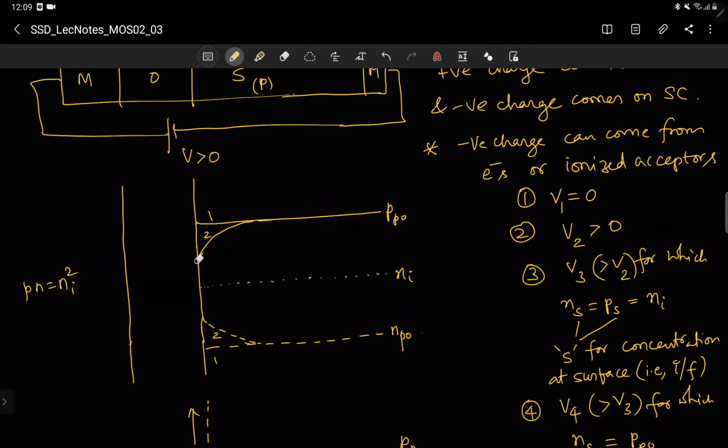So here it is Pp0 for V equal to 0, and it is less than Pp0 for V greater than 0, that is V2. For V3 greater than V2, there will be further increase of concentration of electrons like this, and there will be decrease in concentration of holes like this. All right, so this is case 3.